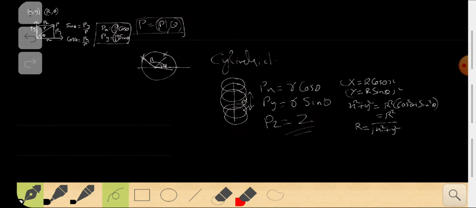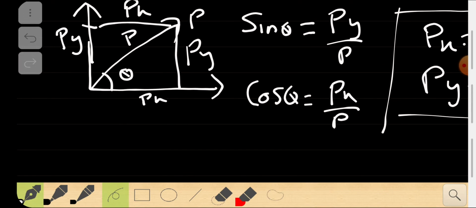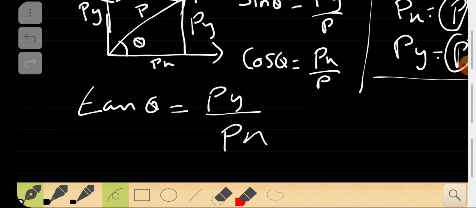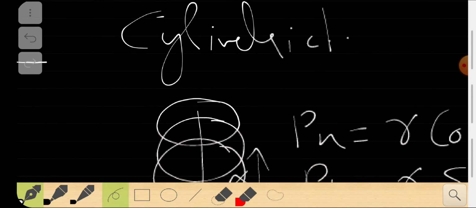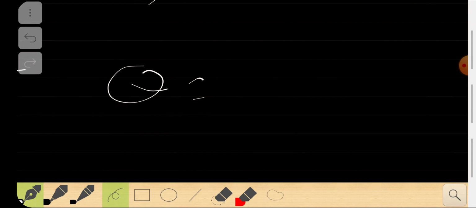Also, if you look at the graph itself, you can see what sine theta is. Now tan theta will be equal to opposite by adjacent, so it will be Py by Px, or simply the y intercept by the x intercept. So you can find theta as equal to tan inverse of y by x.